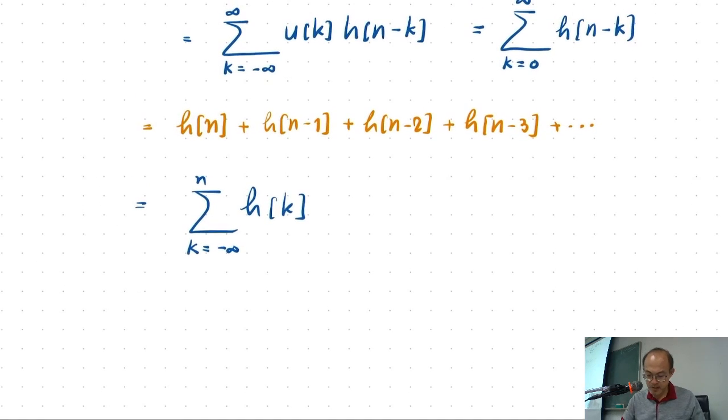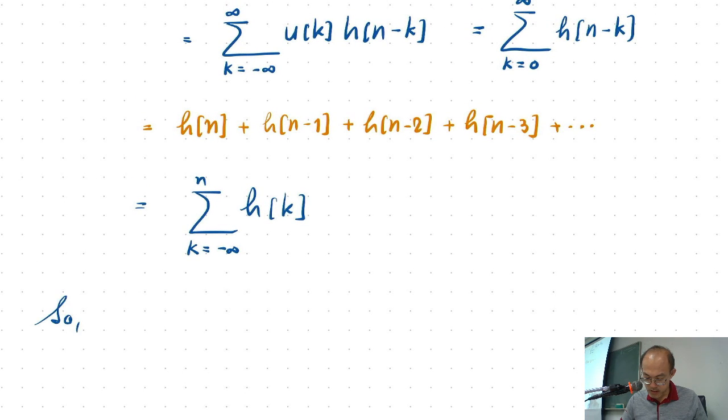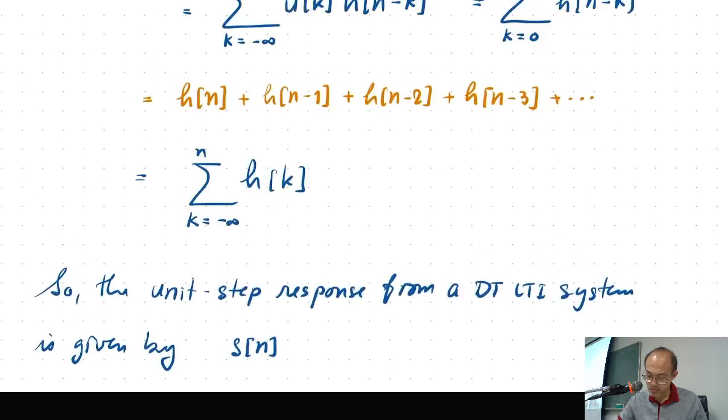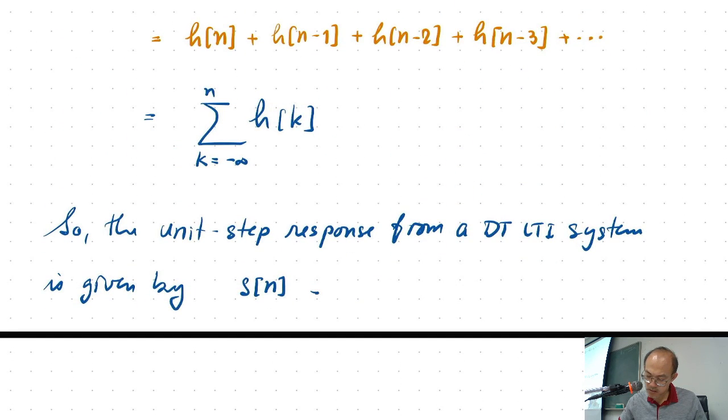So we know that, using this result, the unit step response from a discrete time LTI system is given by, let's use the notation S to stand for unit step response, S of n equal to the summation k going from minus infinity to n of h of k.